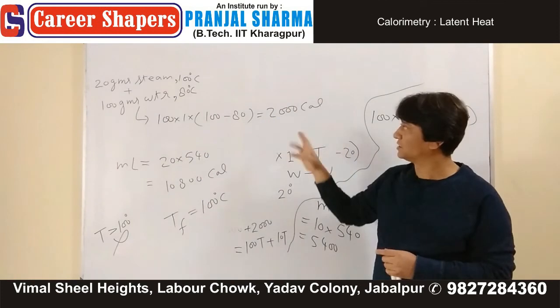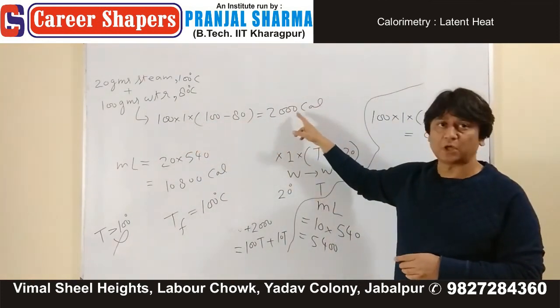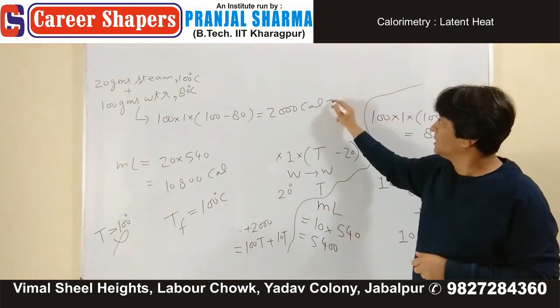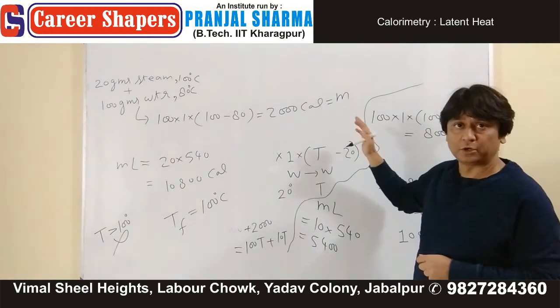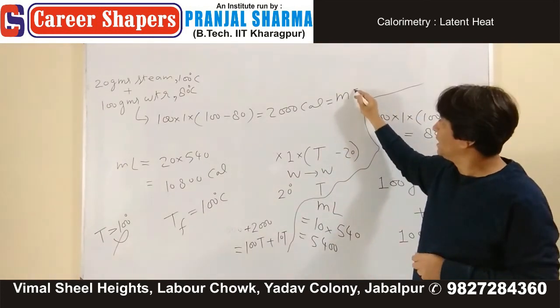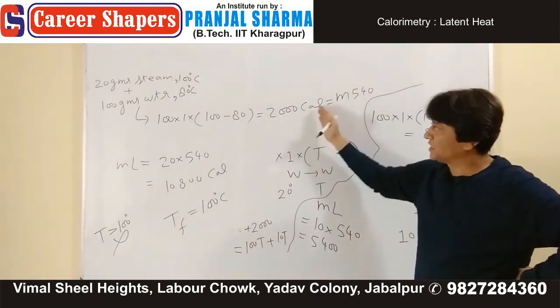Now look here fast. These 100 grams of water only need 2000 calories. So how much steam should become water? M into what? 540.